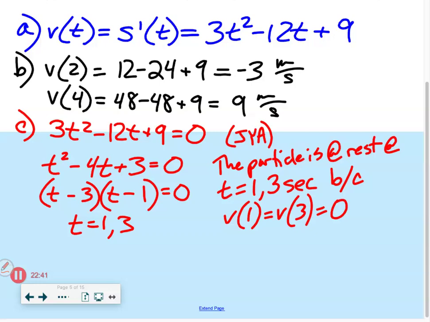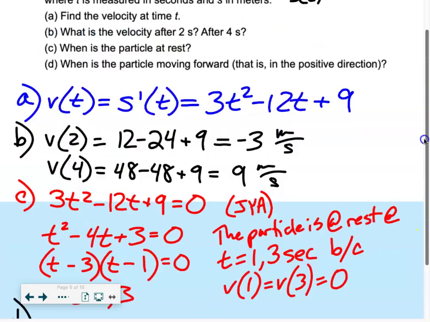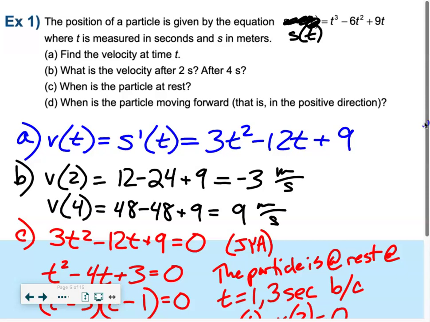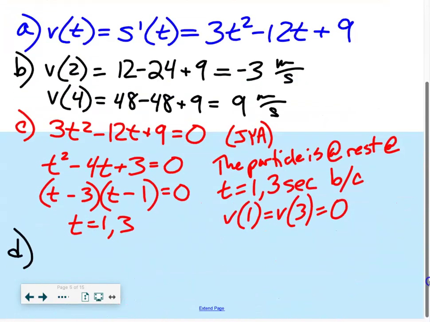All right, last part on this screen. Which is, when is the particle moving forward? That is, when is it moving in a positive direction? Okay, so when is the particle moving forward or in a positive direction?